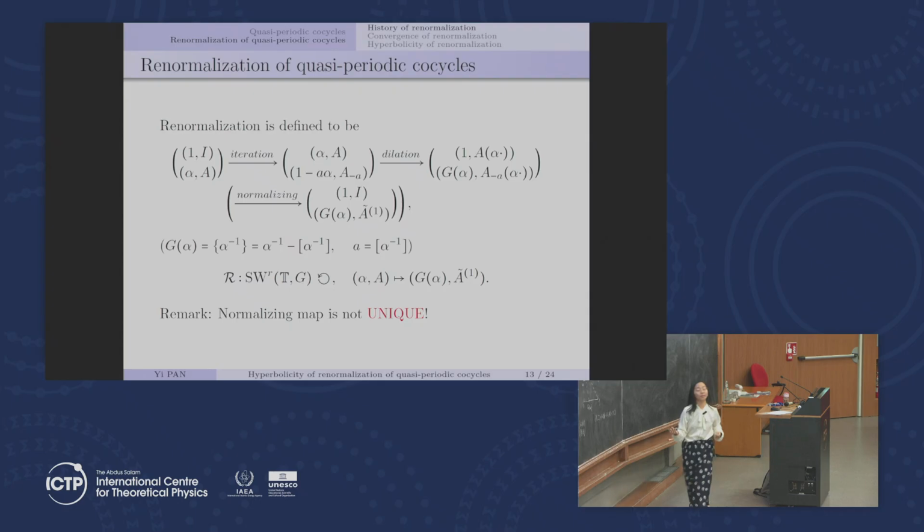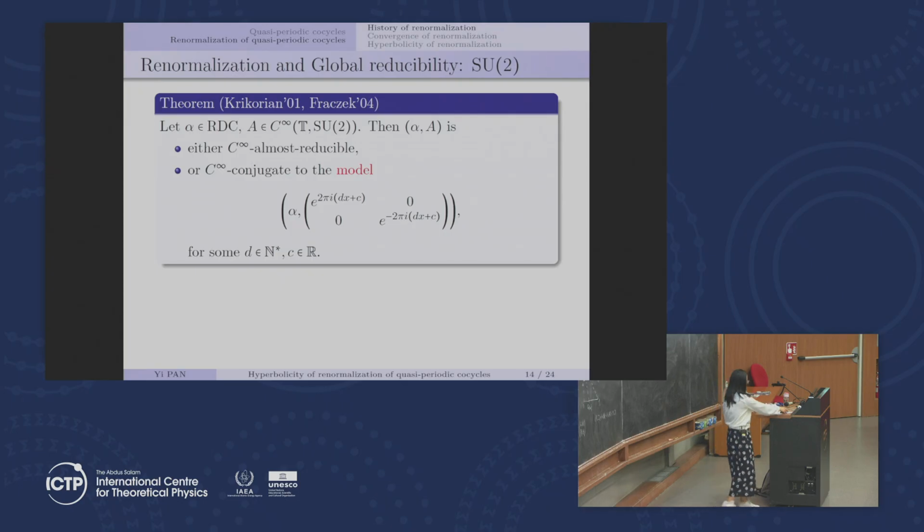So the essential idea is always from the base. And then we move to renormalization, then to renormalization of quasi-periodic cocycles. As an application, the result we can get by use of renormalization is always in the shape of global reducibility, and deep behind it there is a use of renormalization. The first result was started by Krikorian and finished by Fayad and Krikorian.